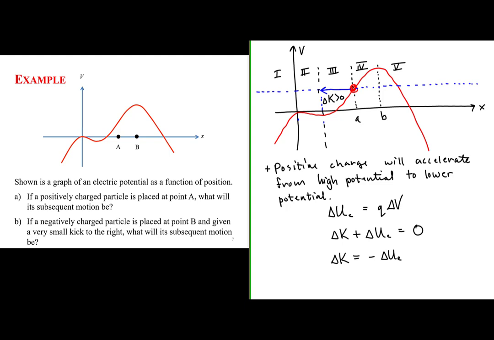In region 2, it's at the bottom of that mini hill and starts going back up again, which means its electric potential is increasing, but positive charges will want to decrease their electric potential if possible. So since the electric potential is increasing, that comes at a cost of decreasing the kinetic energy of that proton in that region. But then once we cross the origin, the electric potential is decreasing again, which means the electric potential energy is decreasing, which means that the kinetic energy is increasing.